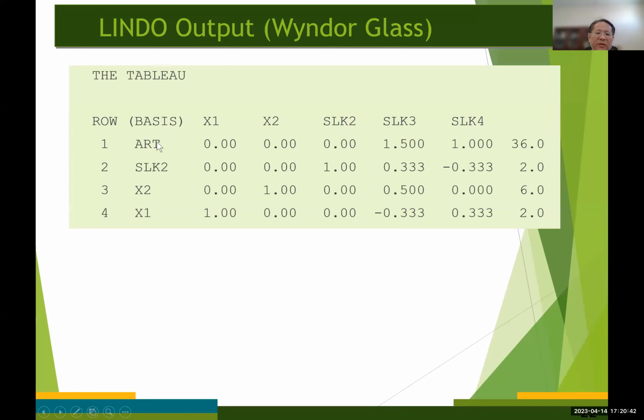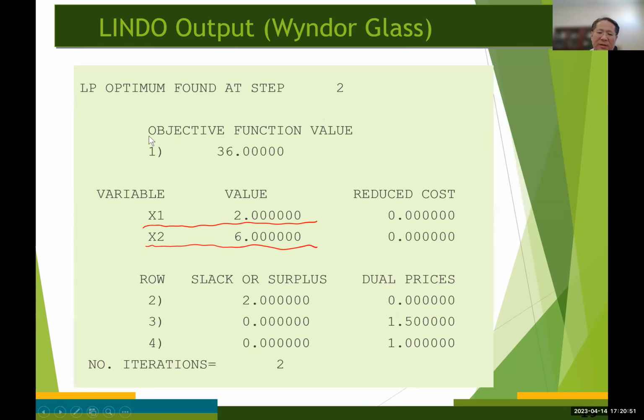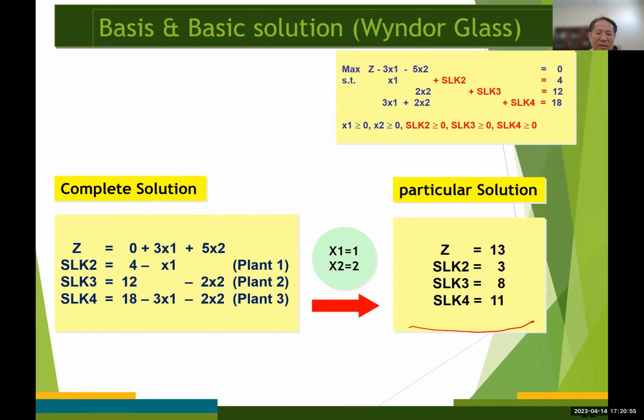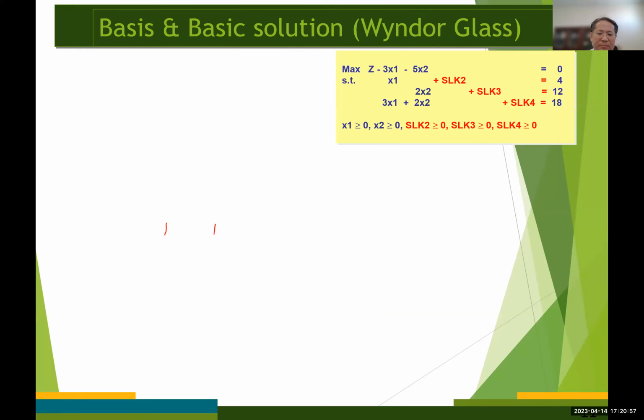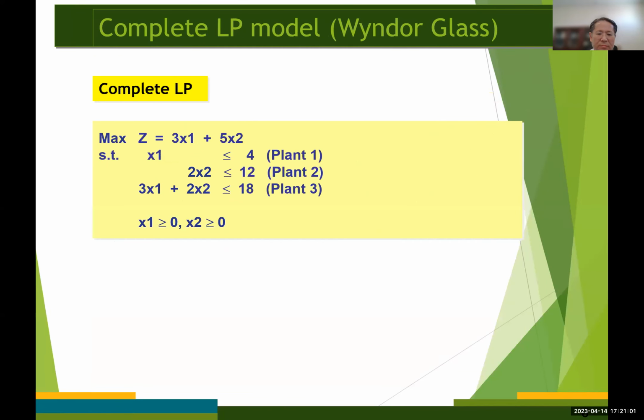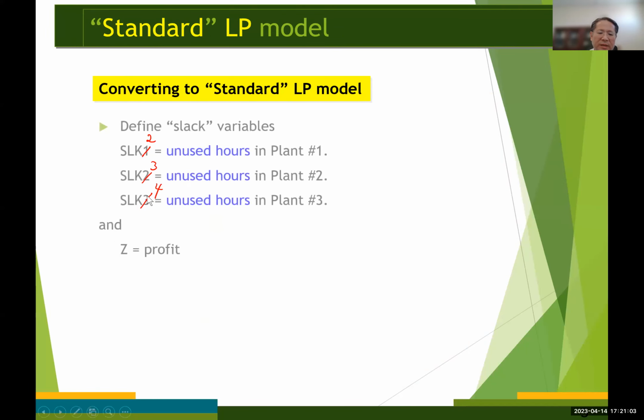And the variable art refers to an artificial variable, which is z. Do you remember earlier we introduced here? G is the profit, right? That is basically the objective function value, right?